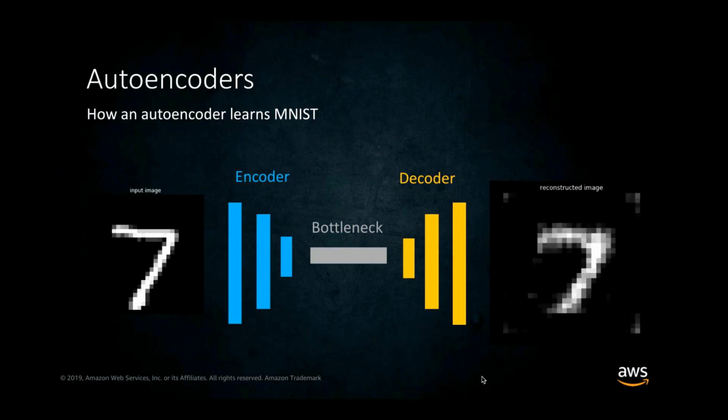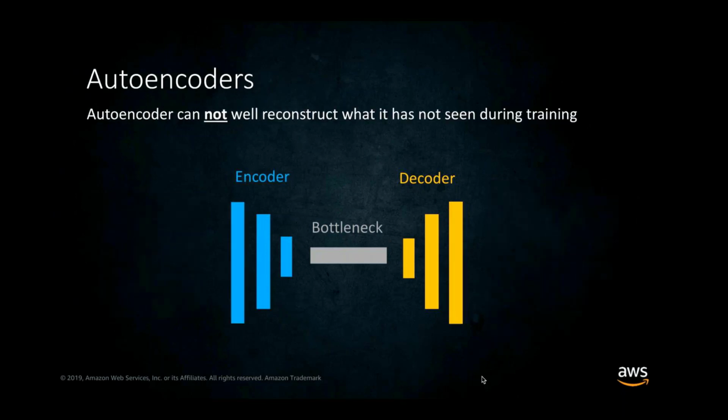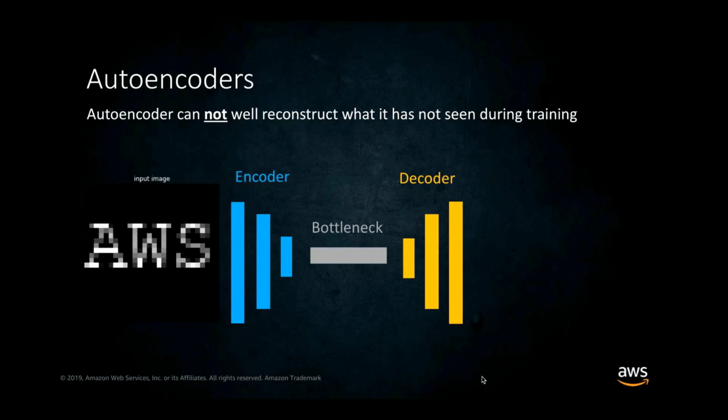So how can we use this mechanism now? An autoencoder, once it's trained on a certain task, will not be able to reconstruct what it has not seen during training. So I have shown you an autoencoder that was trained on the MNIST digit dataset. And now I will take the very same autoencoder and during inference, I will show some images of characters.